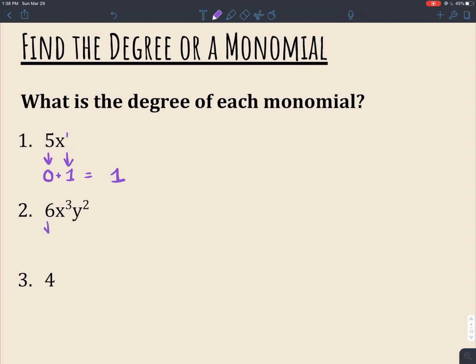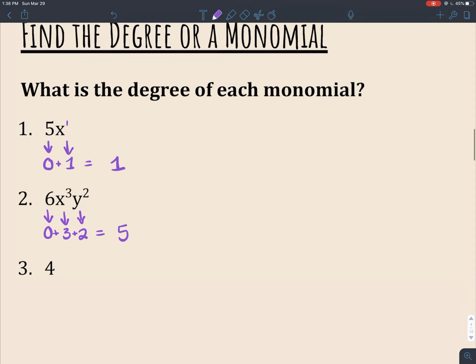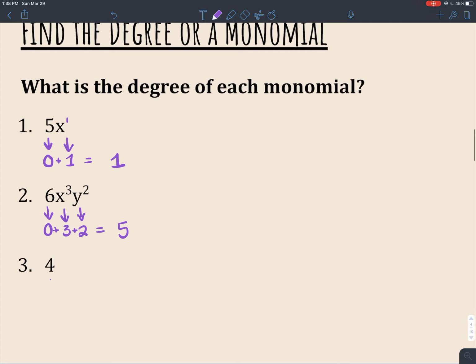We have 6, so the degree is 0. x would be 3, and then y is 2. Again, if we add these together, the degree is 5. Then for the next one, just like before, constants have degree 0. So that is the answer for number 4 or number 3.